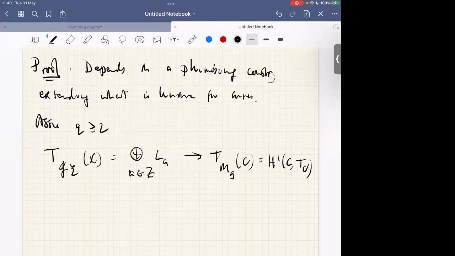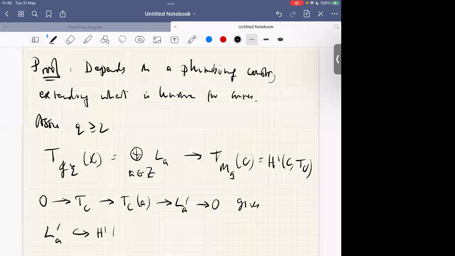Now, for any point A, we have the following construction. So I have 0, CC, CC twisted by A, and then I get another line L prime A to 0. So if I take cohomology, L prime A sits inside H1 of C with coefficients in TC.